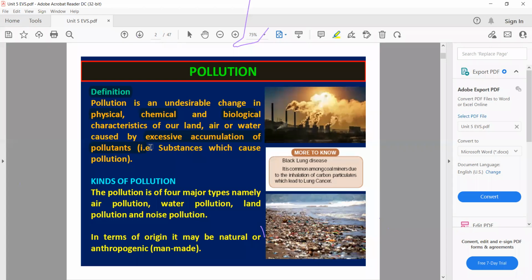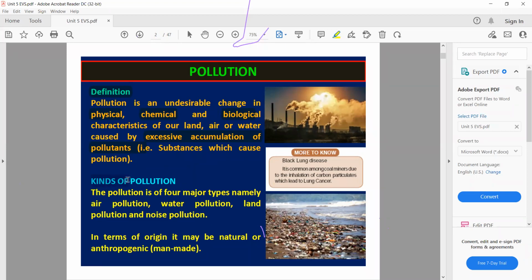You know many names of pollutants, right? Automobile exhausts, garbage dumps, plastics, many names you know. So from this part, you get questions, either a 1 mark question or a 2 mark question. So this part you have understood, I suppose.